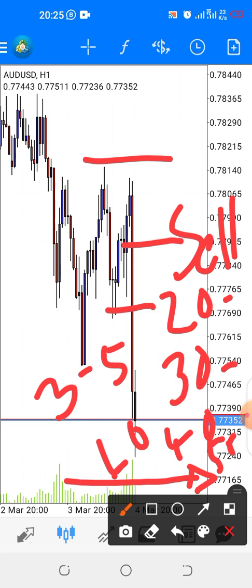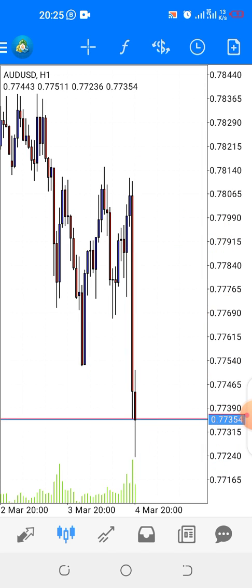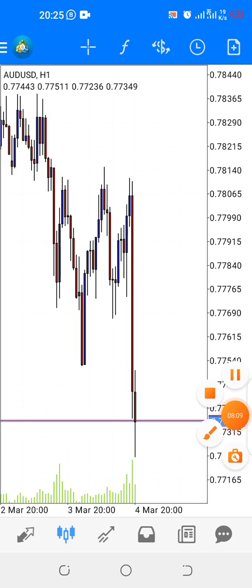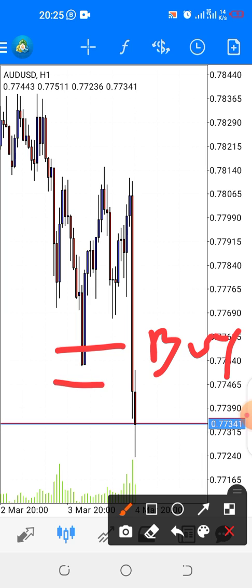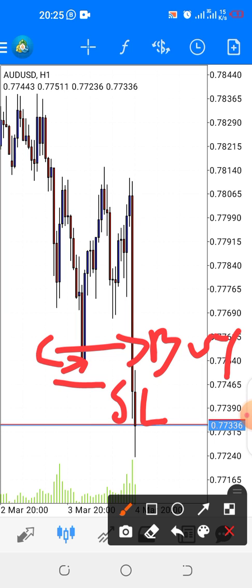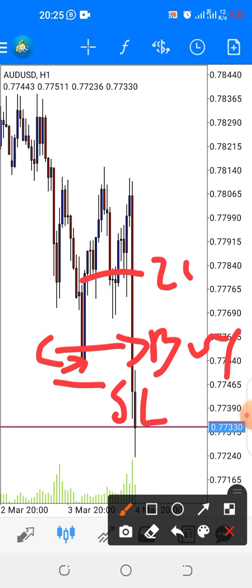Hope it's clear. Maybe let me just quickly do a buy example. We just use the same thing. Let's say I say buy here at that level, stop loss below this low. I give out the buy signal to buy at that level. So when maybe this is the 20 pip mark, you're going to lock 3 to 5 below. Remember, this is an example for a buy.